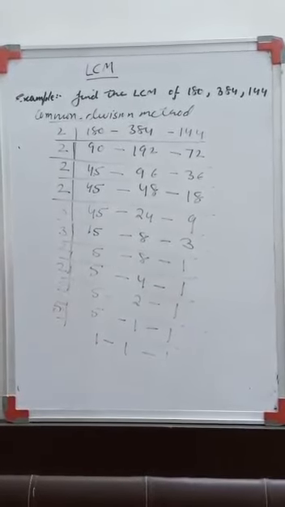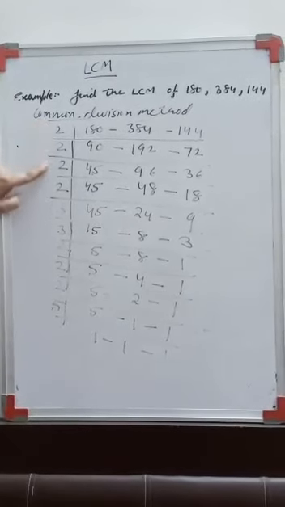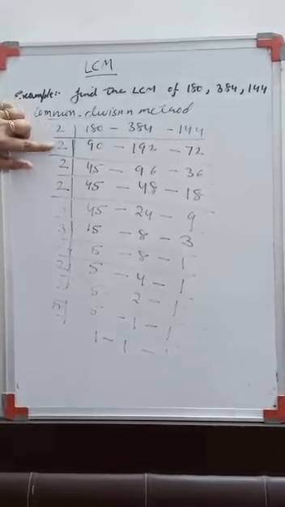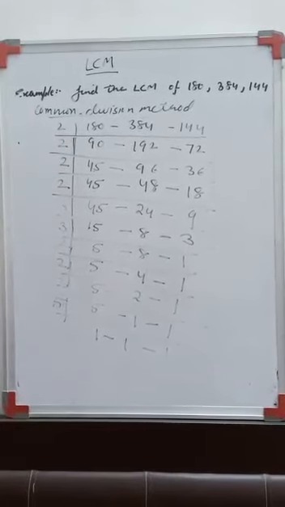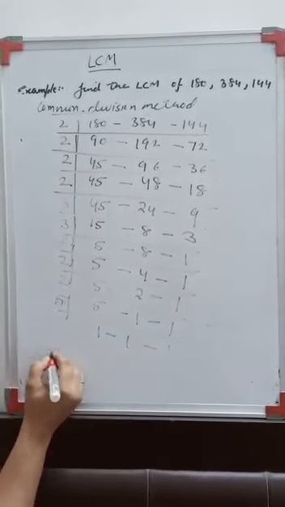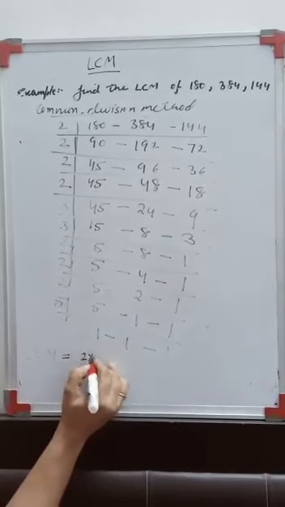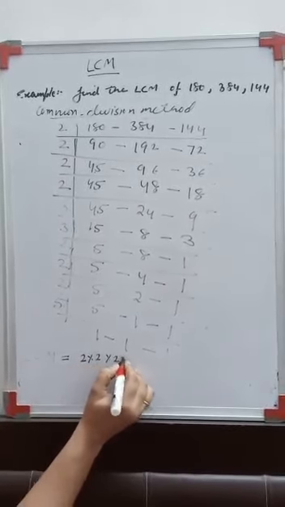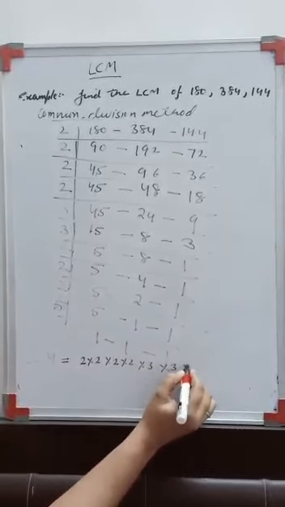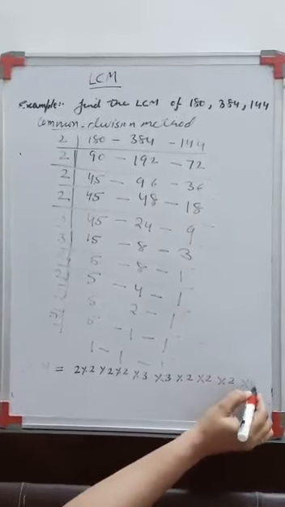In the common division method, you just multiply all the terms over there. You will get the LCM. 2 into 2 is 4, 4 into 2 is 8, 8 into 2 is 16, right? Just in this way, the LCM will be 2 into 2 into 2 into 2 into 3 into 3 into 2 into 2 into 2 into 5.